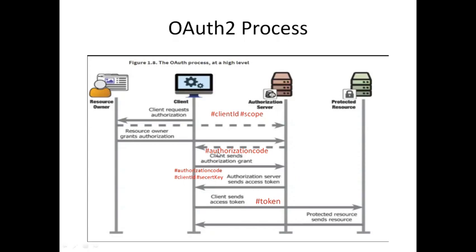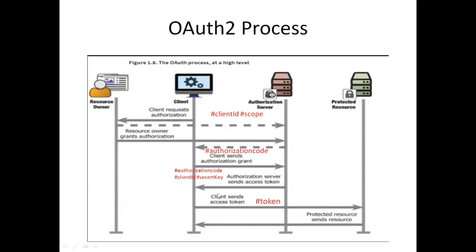After getting the authentication code, the client sends a request again to the authentication server with the authentication code, client ID, and secret key. The authentication server validates those 3 values and creates one unique authentication token and gives it to the client.